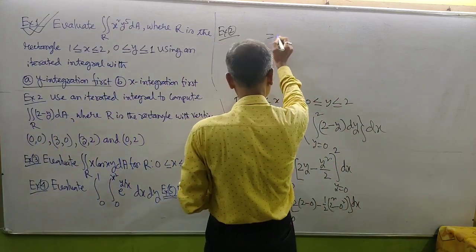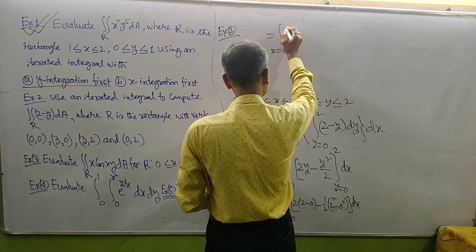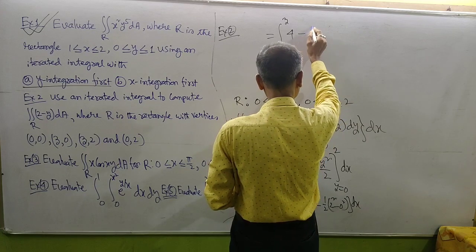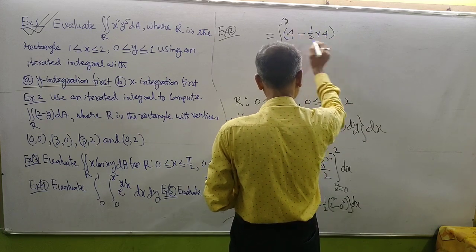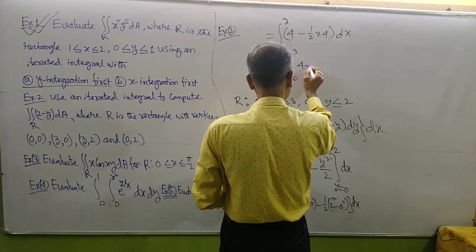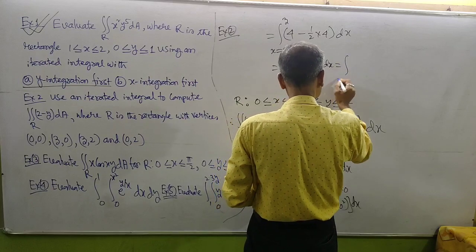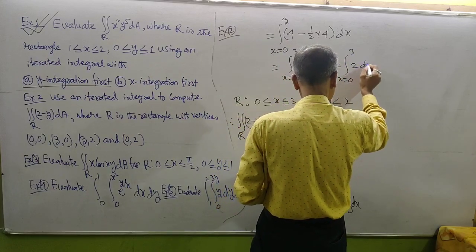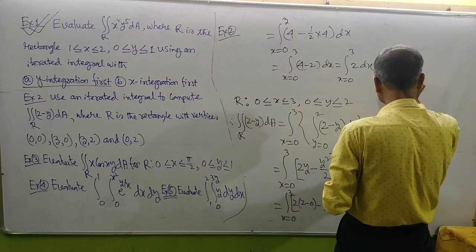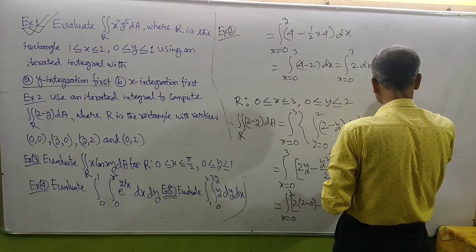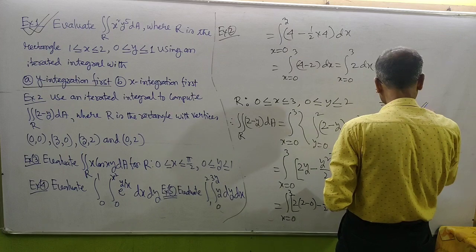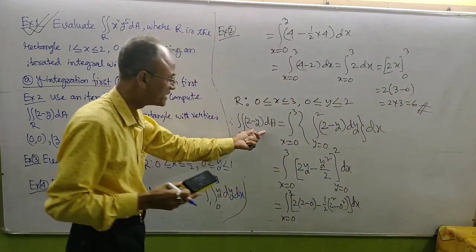This is equal to the integral x equal to 0 to 3 of 4 minus 1 by 2 into 4, dx, equal to the integral from 0 to 3 of 4 minus 2 dx, equal to the integral from 0 to 3 of 2 dx. This is equal to 2 times x from 0 to 3, which is 2 into 3 equal to 6. Answer is 6.